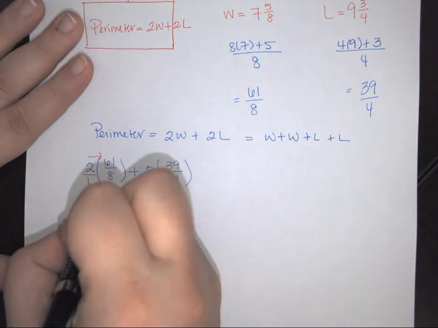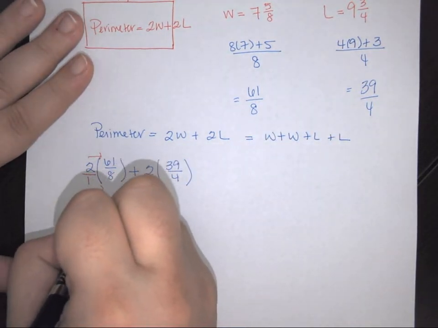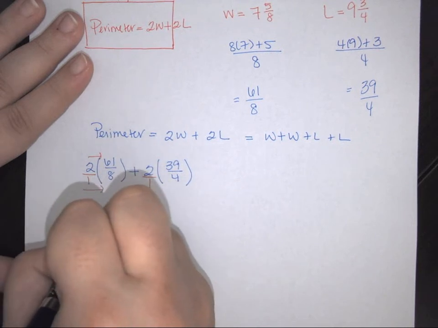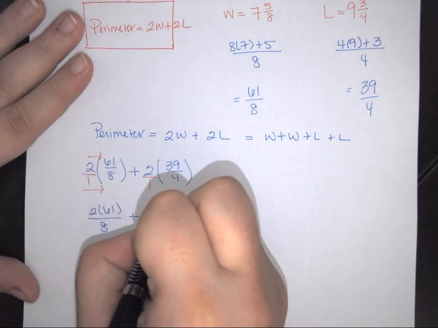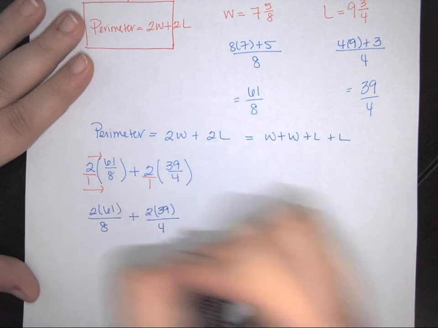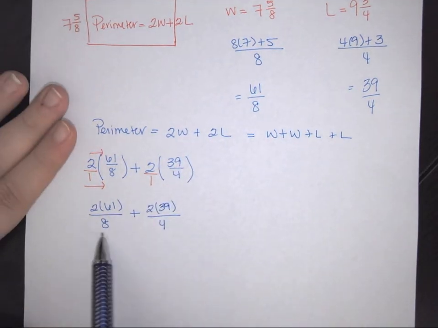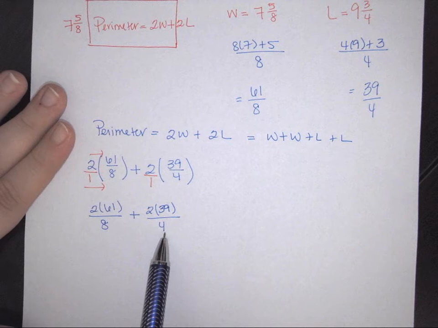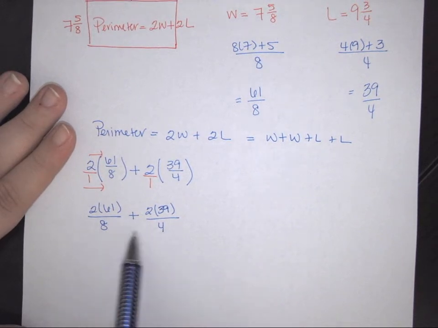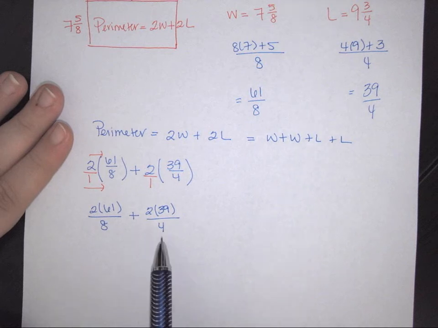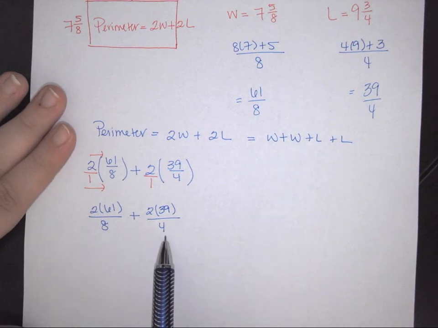So this would really be the same as saying 2 times 61 all over 8 plus 2 times 39 all over 4. What's in common between 8 and 4? It would be 8.